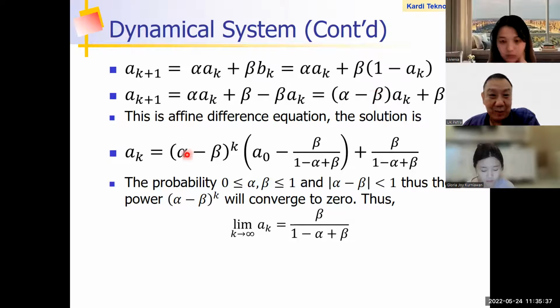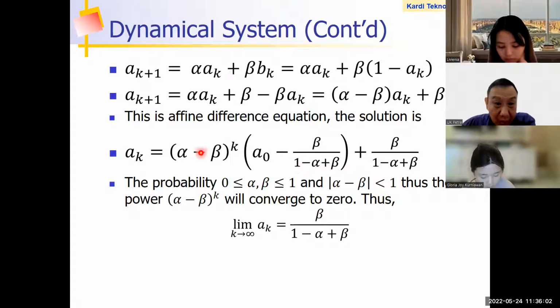If you put the solution into it, this is the solution, right? If you look at the solution here, you know that alpha and beta must be between 0 and 1, and then alpha minus beta must be less than 1.